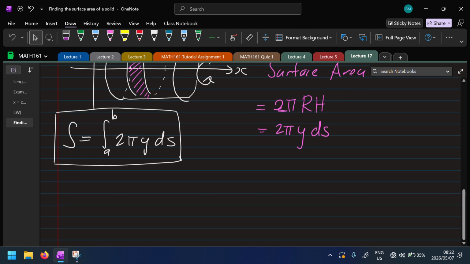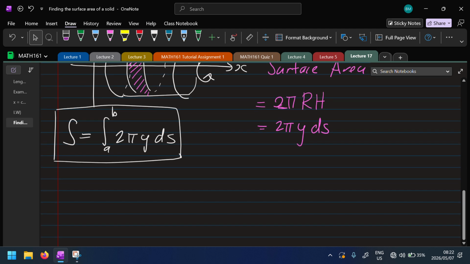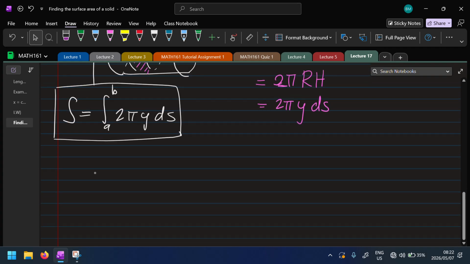Okay. And then remember this ds from before. Now we're going to write this ds slightly different to what we had before. So remember before we had delta s squared is equal to delta x squared plus delta y squared. That was the same as before. Now, instead of having x and y as functions of time, we're going to write this as y as a function of x, like we have for here.